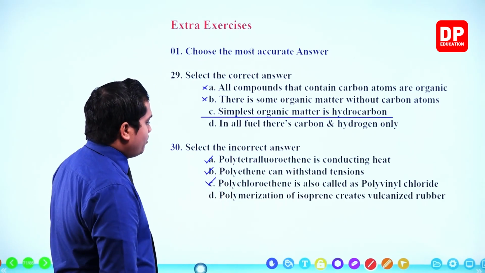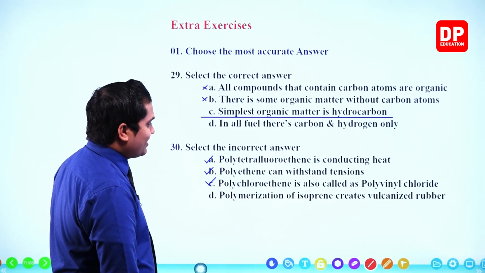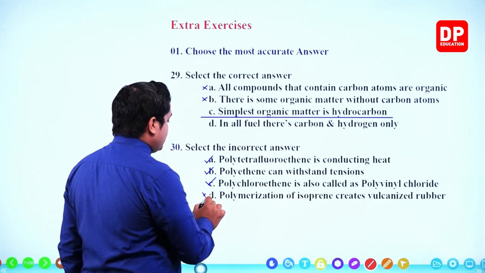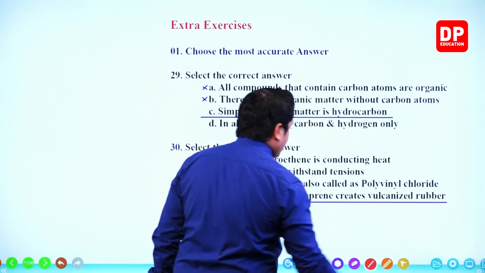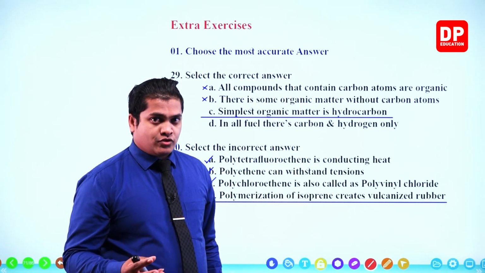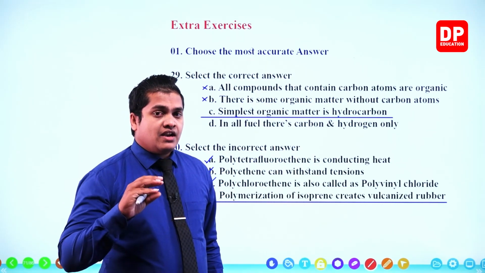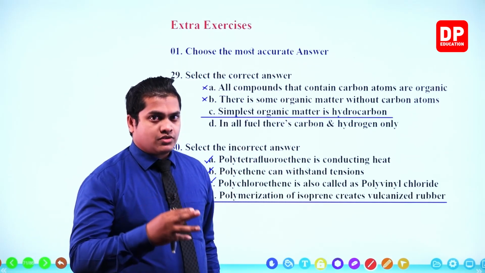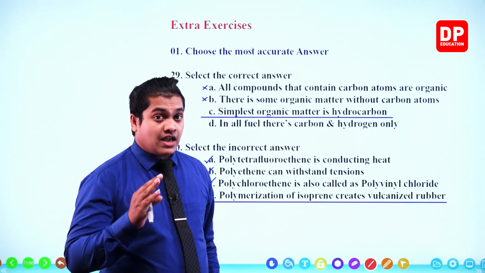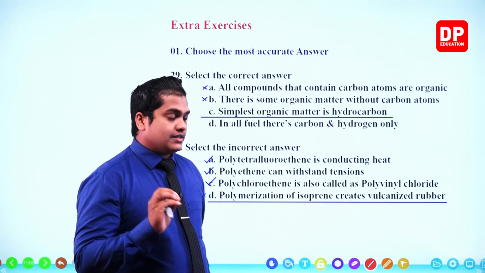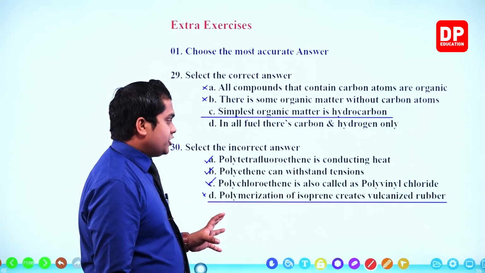Next one. Polymerization of isoprene creates vulcanized rubber. Totally incorrect, because in order to create vulcanized rubber, we have to take natural rubber, which is polyisoprene, and react it with sulfur, not oxygen. Okay, we have to react that natural rubber with sulfur, my dear children.